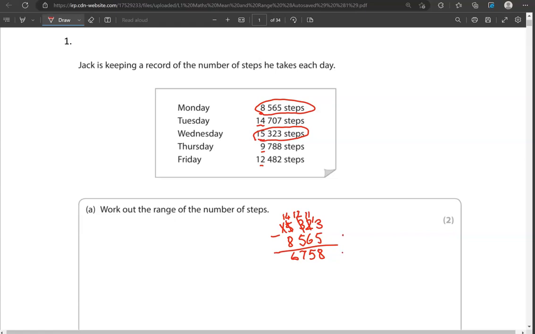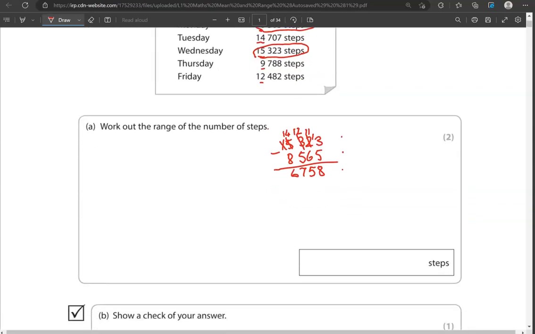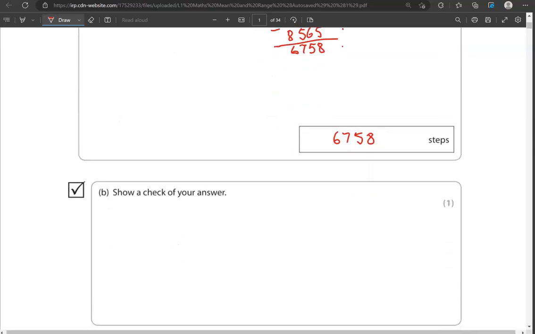this one, and it should total this. Show a check of your answer.